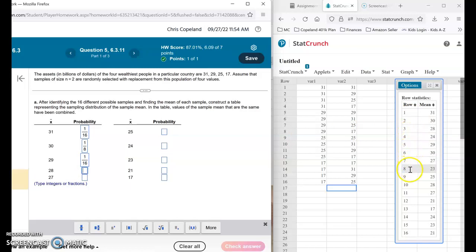28: 2, so 1 out of 8, because it's 2 out of 16. 27: 2 27s, so 1 out of 8. 25: looks like 1 out of 16. 24: 2 out of 16, or 1 out of 8. 23: 2 out of 16, or 1 out of 8. 21: 1, 2, so 1 out of 8.